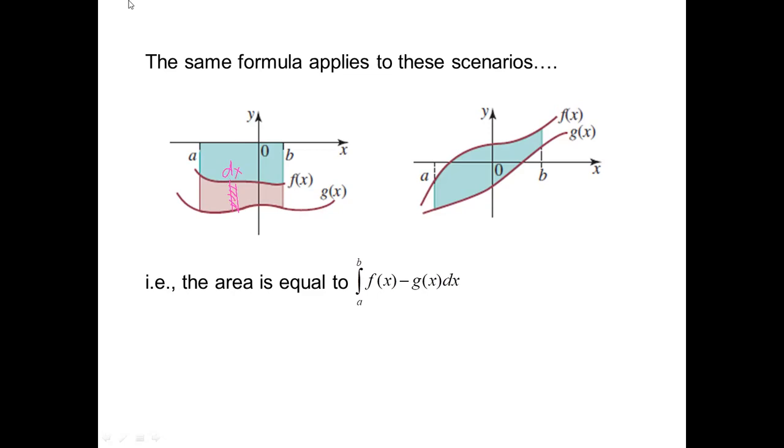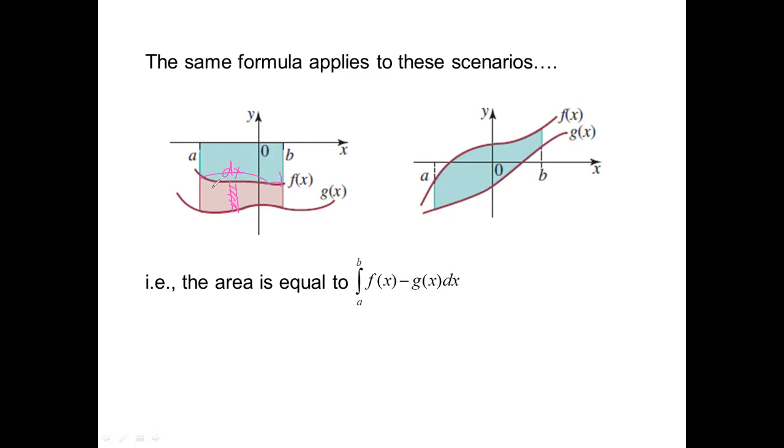So your uppermost point is f of x, the lowermost point is g of x. The area that you will be getting is of course negative. You just have to write the positive of that because it's below the x-axis. So your limits will be from A to B.